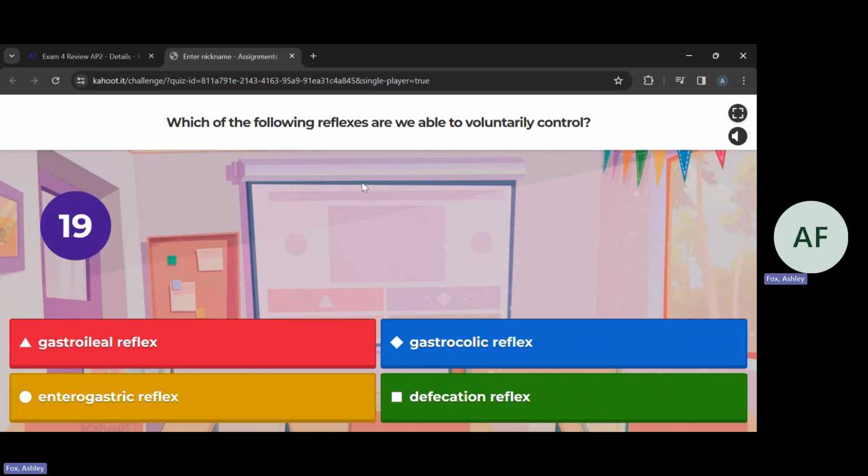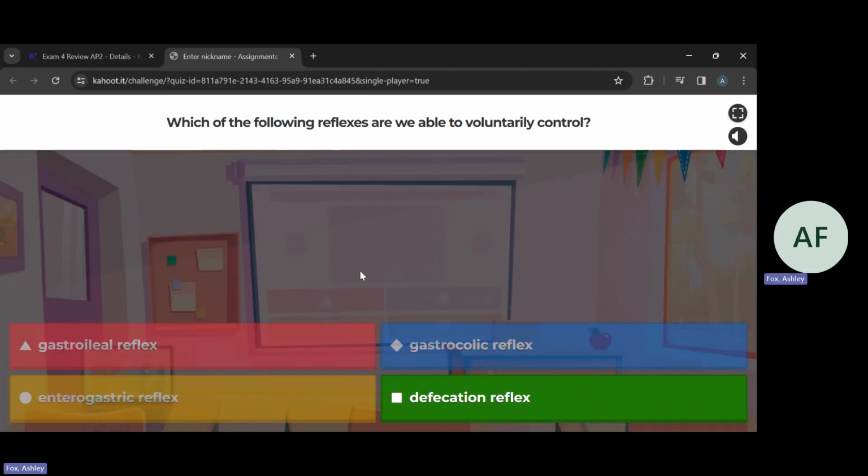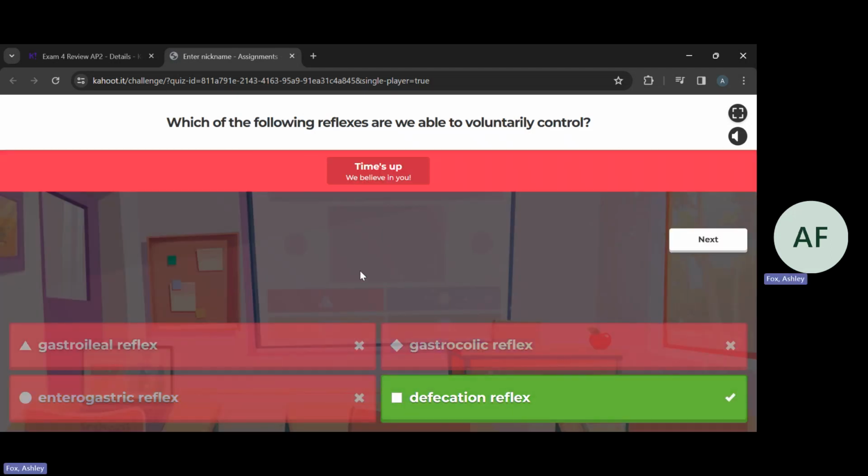Which of the following reflexes are we able to voluntarily control? Gastroileal reflex, gastrocolic reflex, enterogastric reflex, or the defecation reflex? So we're able to control defecation for the most part.